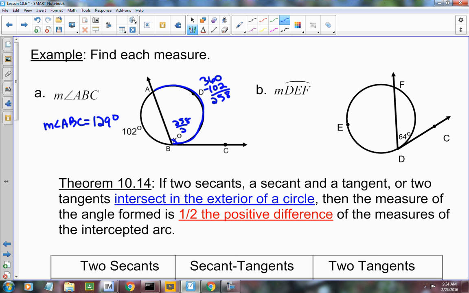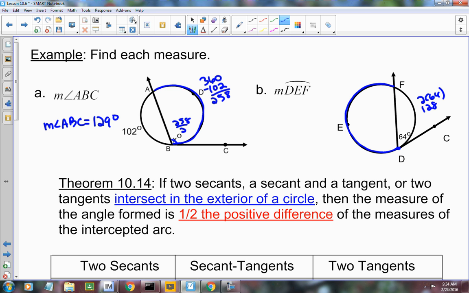Okay, in this problem, I want the measure of arc DEF. I want this right here. Again, I've got a tangent and a secant that intersect at the point of tangency on the circle, and I'm giving you this angle. What can I get knowing this angle? I can get arc FD, right? What am I going to do? Multiply it by 2. So I'm going to do 2 times 64, which is what? 128, right?